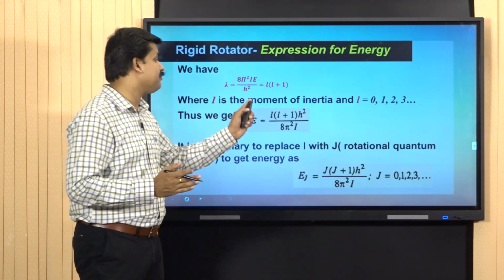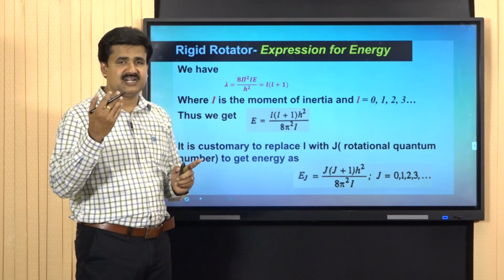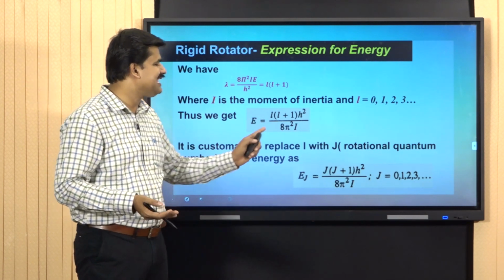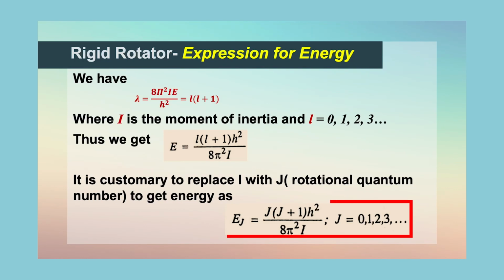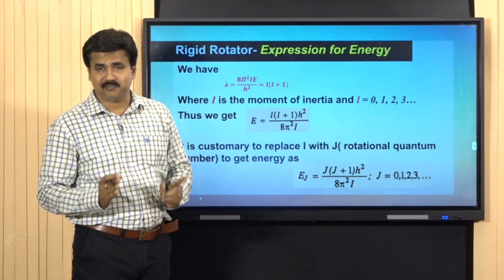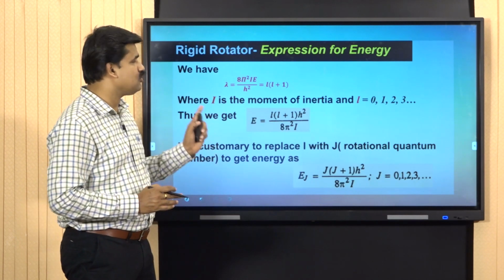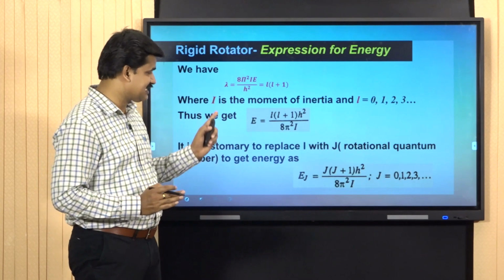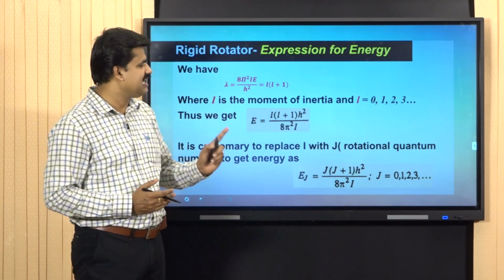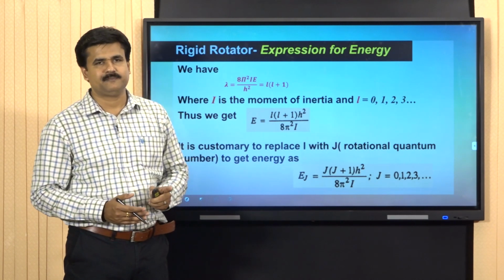So if we replace L with J, we get EJ equal to J into J plus 1 h square divided by 8 pi square I, where J equals 0, 1, 2, 3, etc., known as the rotational quantum number. Thus, the energy of a rigid rotator is given by EJ equal to J into J plus 1 h square divided by 8 pi square I.